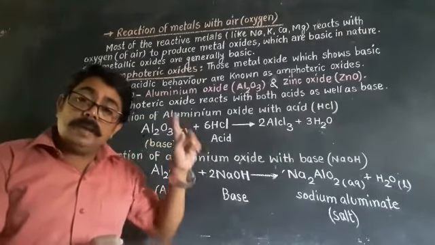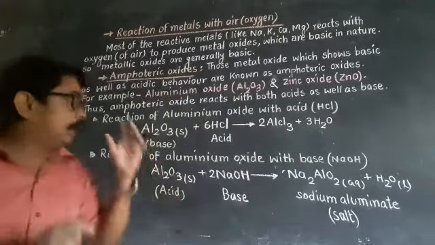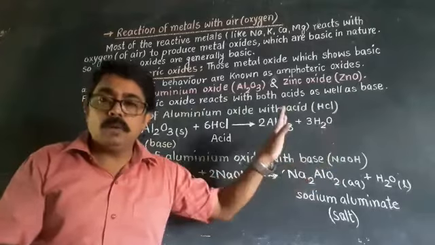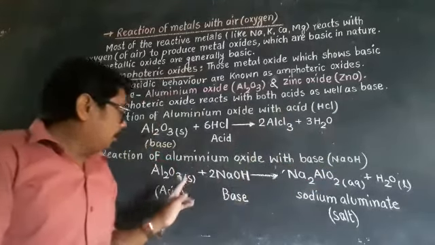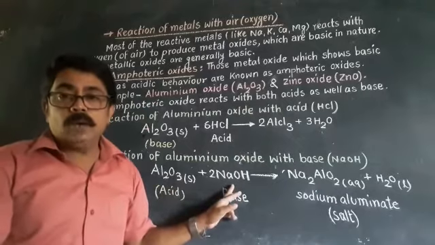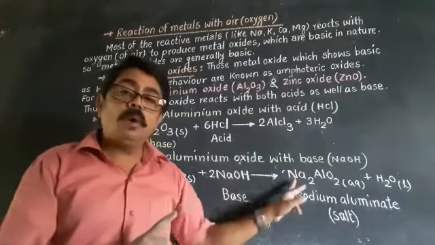Clear? And the same aluminum oxide can react with base also. See, look at the board. Reaction of aluminum oxide with base. We are taking NaOH. When aluminum oxide Al2O3 is treated with a base like NaOH, we also get salt and water.